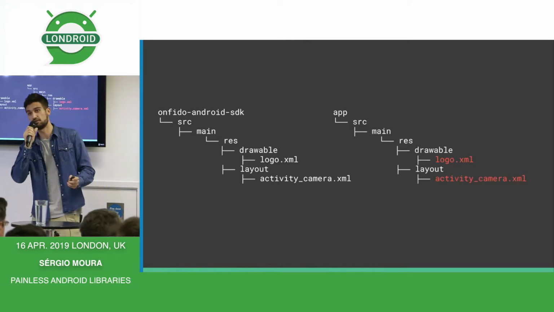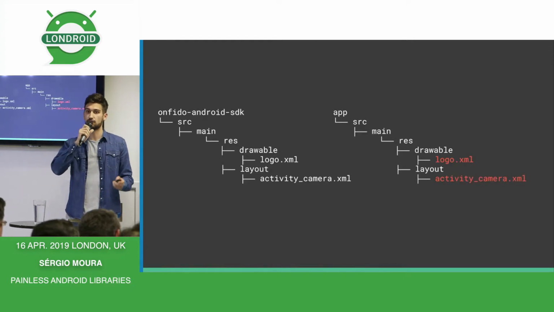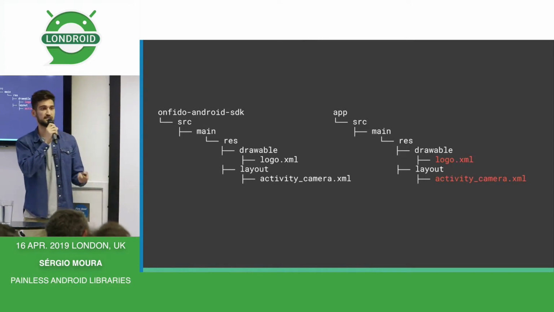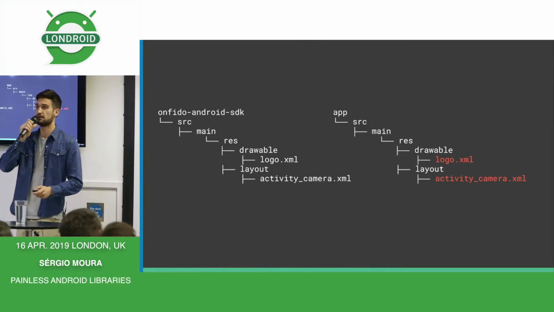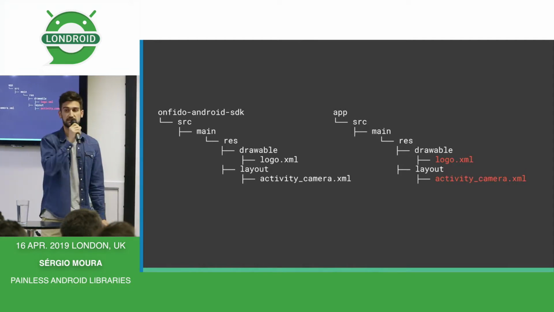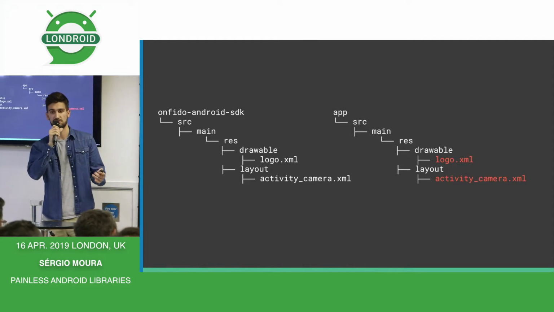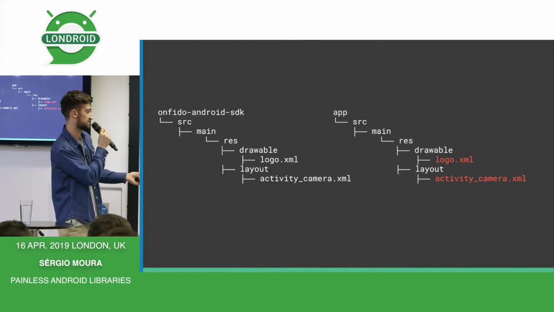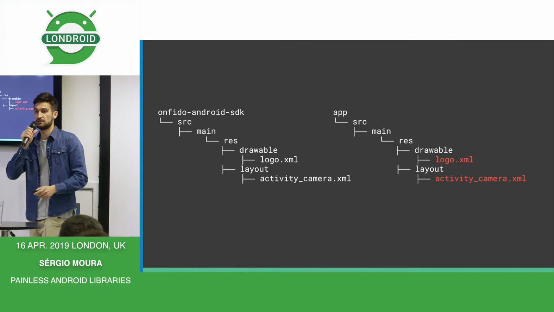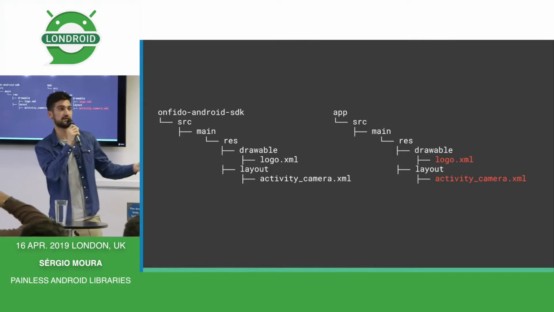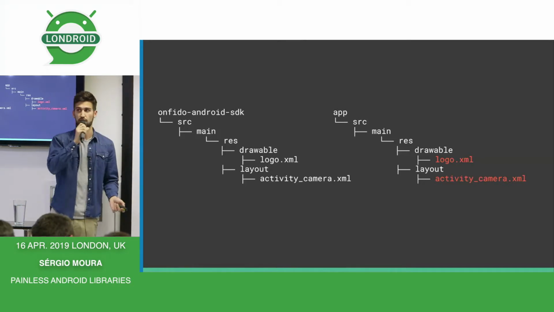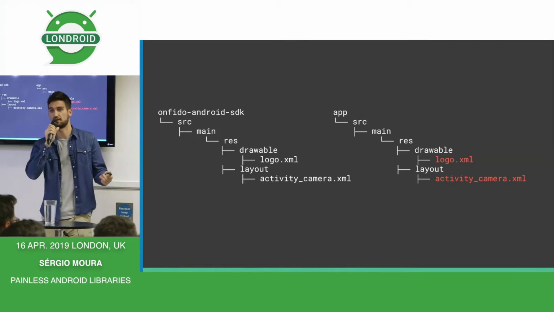So what happens during build time is that Gradle will merge the app plus every dependency of the app's resources, and a few rules will apply on these conflicts. So if the app defines a resource with the same type and name, for example, drawable and logo, or layout and activity camera, if the app defines this resource and a library that the app is integrating defines the same resource, the app one will take priority and will override the library one.